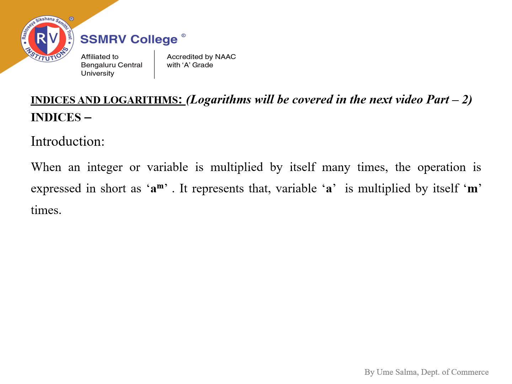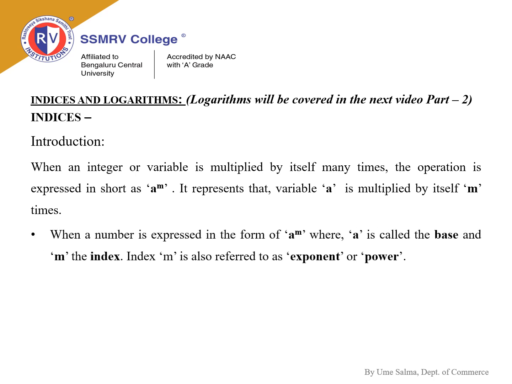When a number is expressed in the form of a to the power m, a is called the base and m is called the index. So index m can also be referred to as exponent or power. This can be called either index, exponent or power. All are the same.